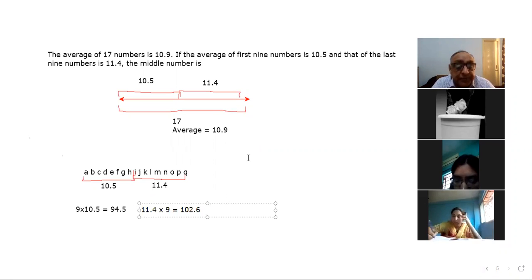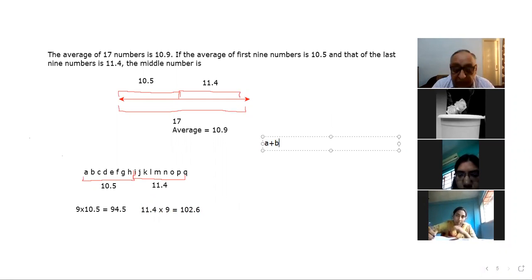So now let me tell you here. This is the sum A plus B plus C plus D plus E plus F plus G plus H plus I. You need not do this exercise in your examination.